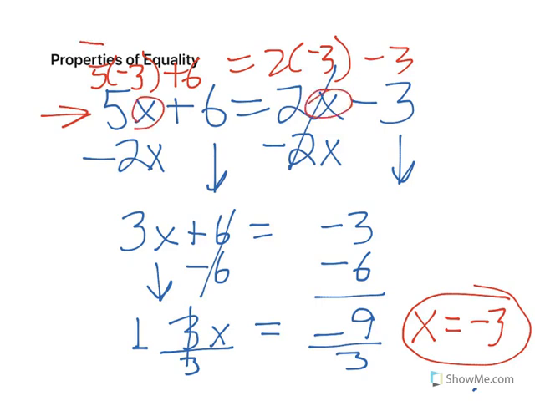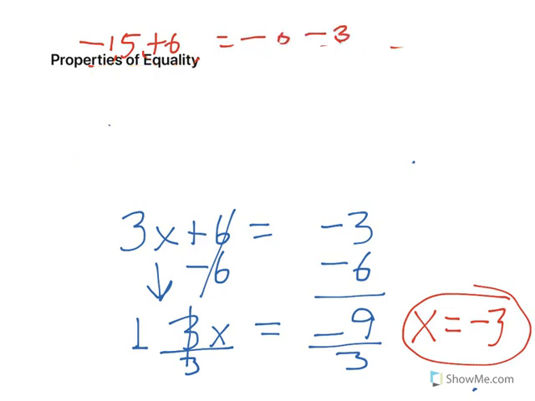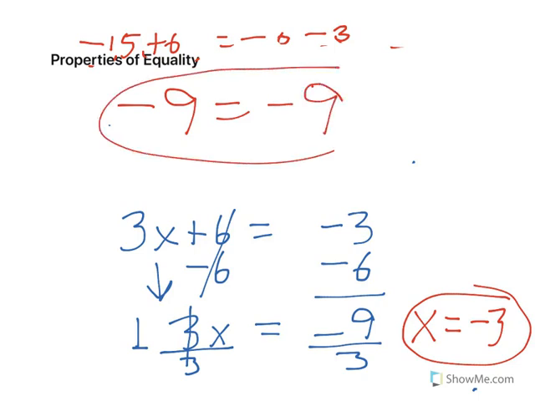So 5 times negative 3 is negative 15 plus 6, so negative 15 plus 6 is negative 9. And 2 times negative 3 is negative 6, and negative 6 minus 3 is negative 9. So negative 9 is equal to negative 9. So that works with x equals negative 3. And that's how you solve an equation with variables on both sides.